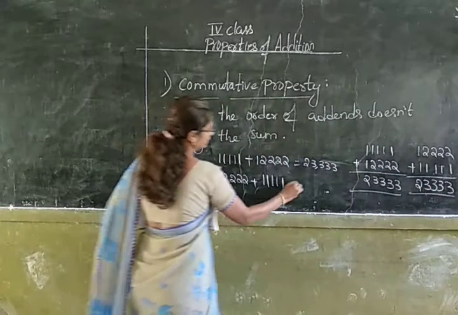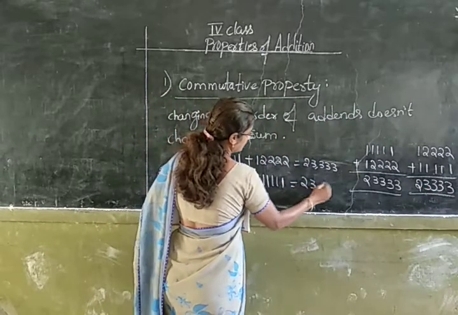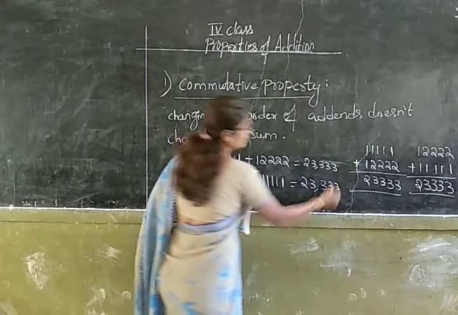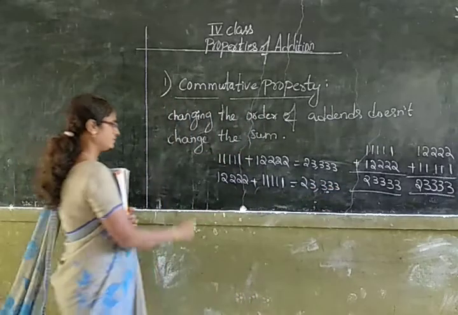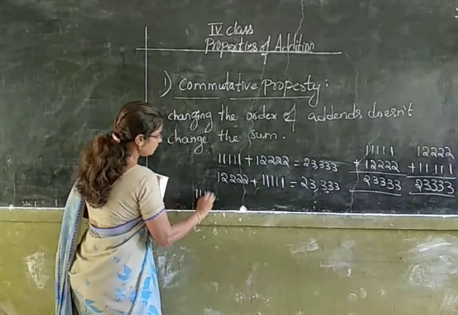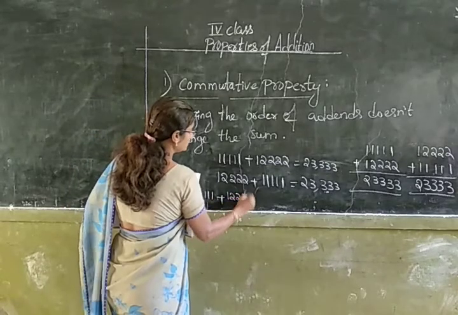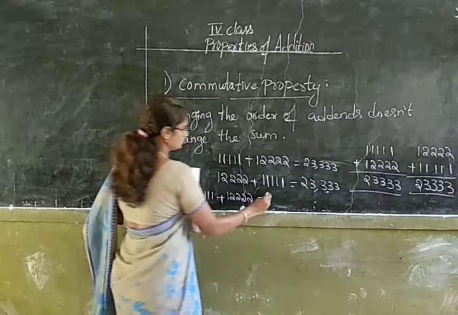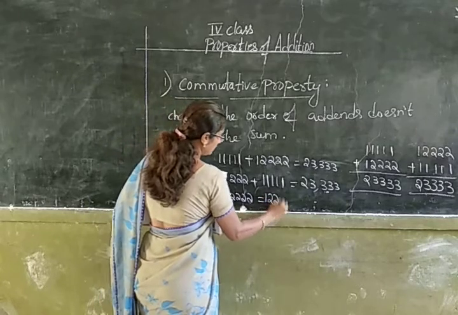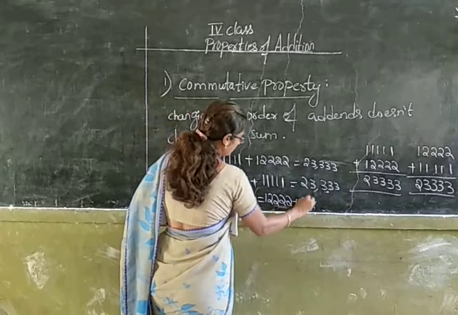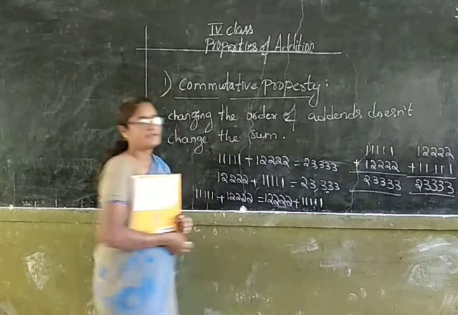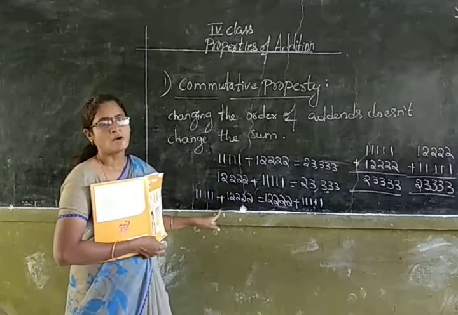So we got the same answer. In both the cases, we got the same answer, which means 11,111 plus 12,222 is equal to 12,222 plus 11,111. This is called the commutative property.